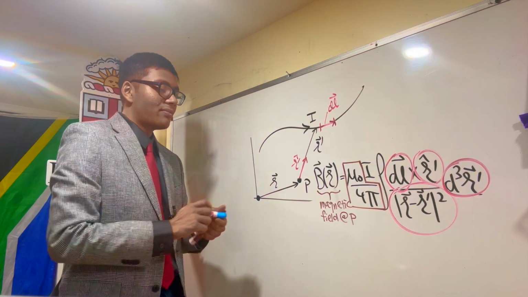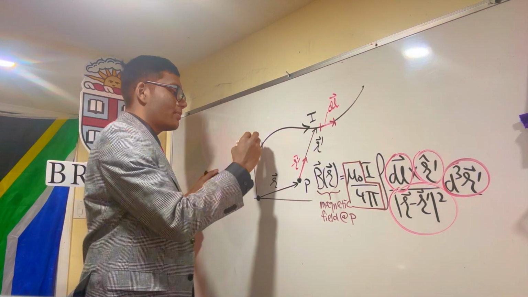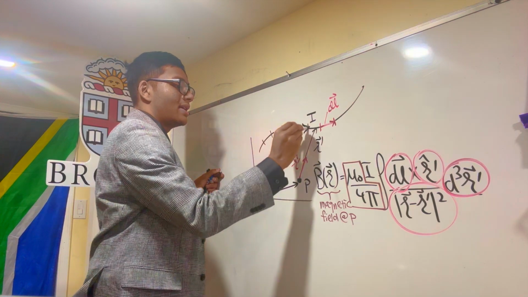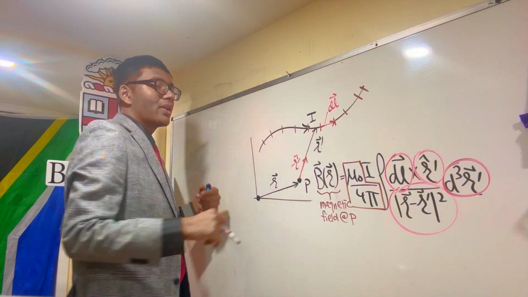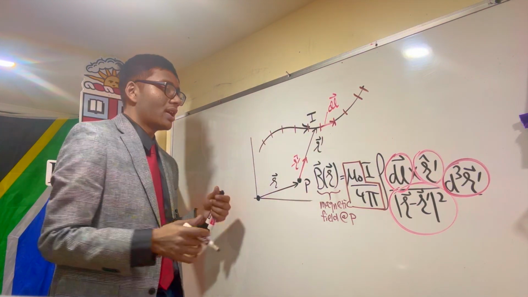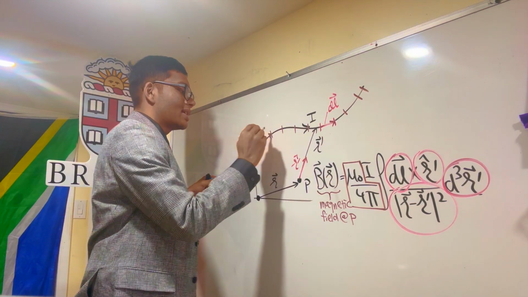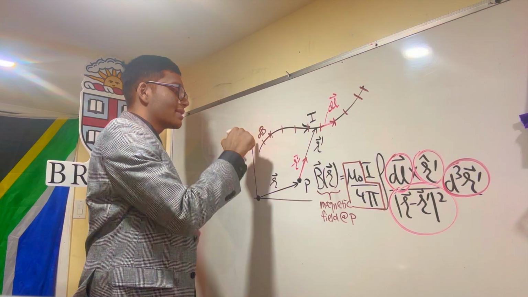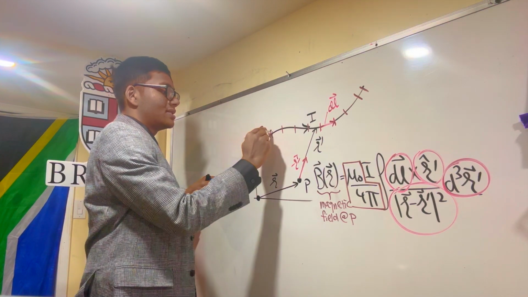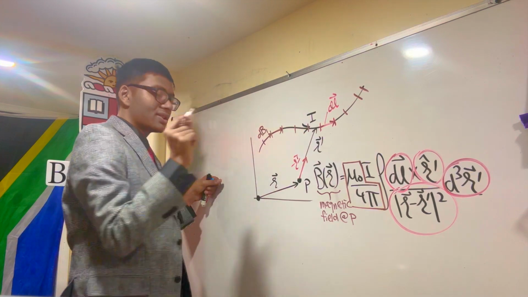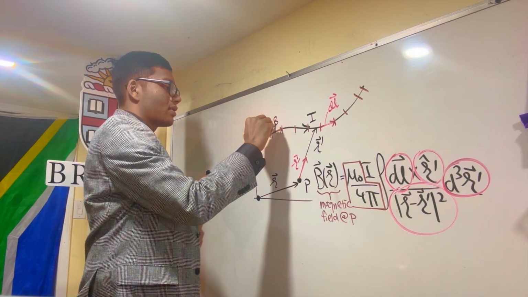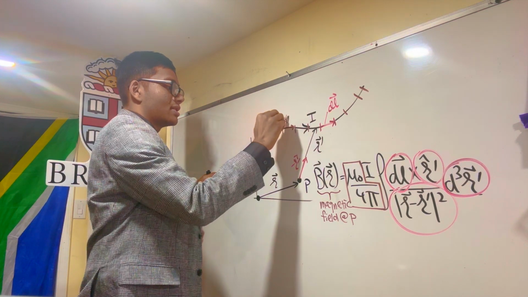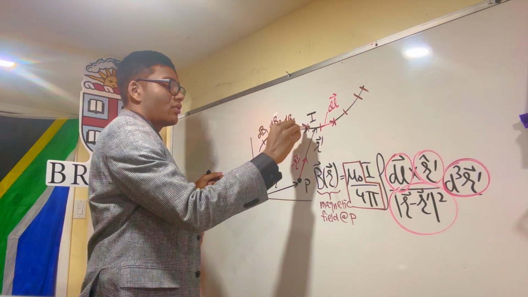So basically what the Biot-Savart law is doing is chopping up this big wire into a lot of small tiny wires, and then finding the magnetic field. Let's call this small magnetic field dB1, d for a small differential magnetic field, call this dB2, call this dB3, and so on and so forth.